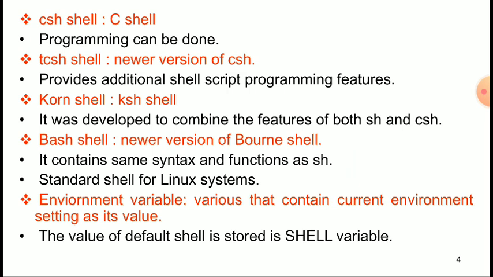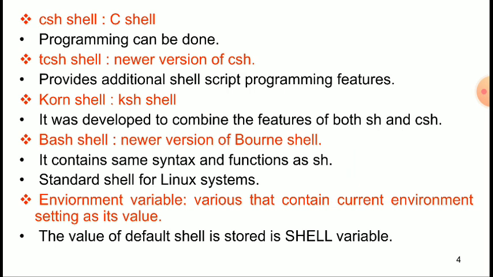Next is the CSH shell, that means the C shell. Programming can be done in it. TCSH shell, that means the newer version of CSH, provides additional shell script programming features. Next is the Korn shell, that is the KSH shell.